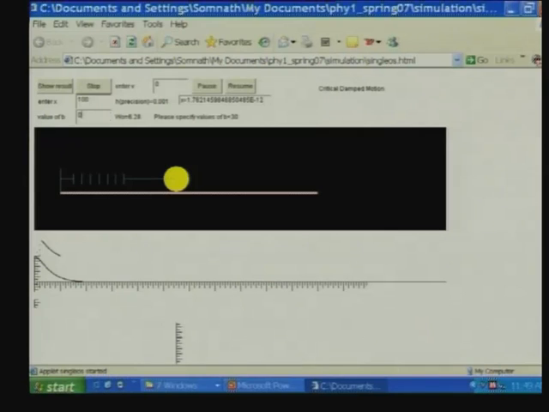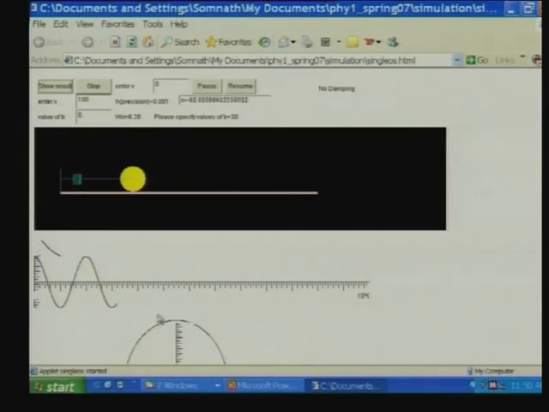So, there is no damping right now, and let us see how the oscillator behaves. This shows you the simple harmonic oscillator where there is no damping, and it does this sinusoidal oscillation as you expect.